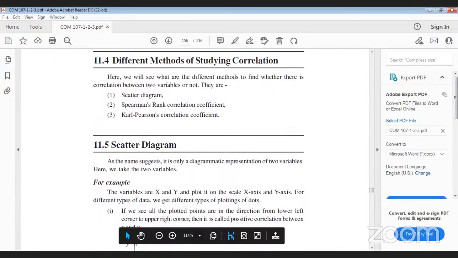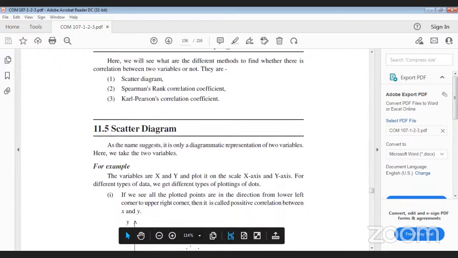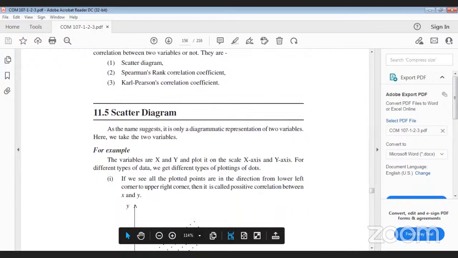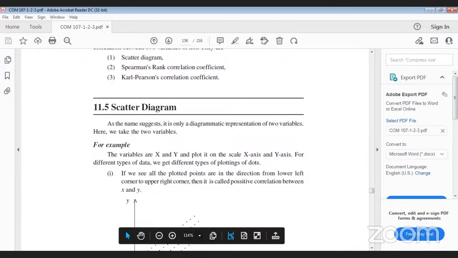In the scatter diagram, as the name suggests, it is only a diagram representation of two variables. Here we take two variables, x and y, and plot them on the x-axis and y-axis for different types of data.